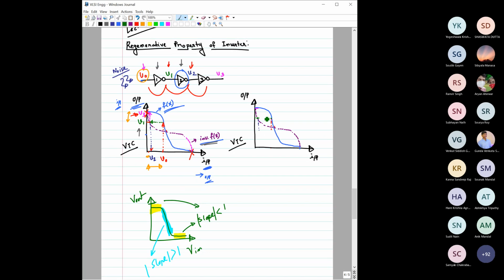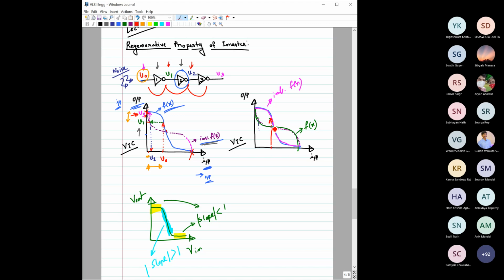So you can think in the other way as well. For example, let's say that instead of this VTC being like this, as shown in the blue, the VTC is like this. This is now f of x, and this is the inverse of f of x. Let us see what will happen.